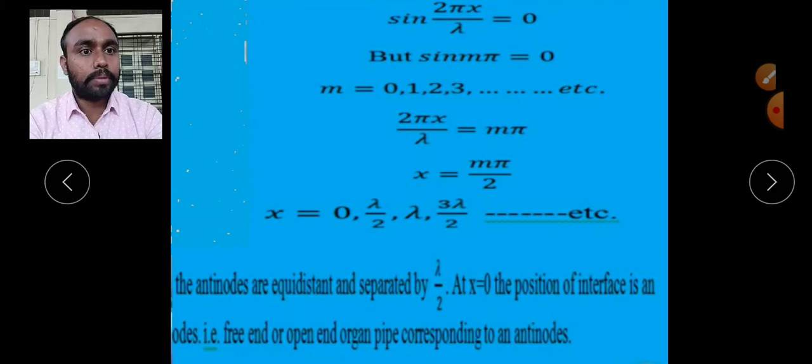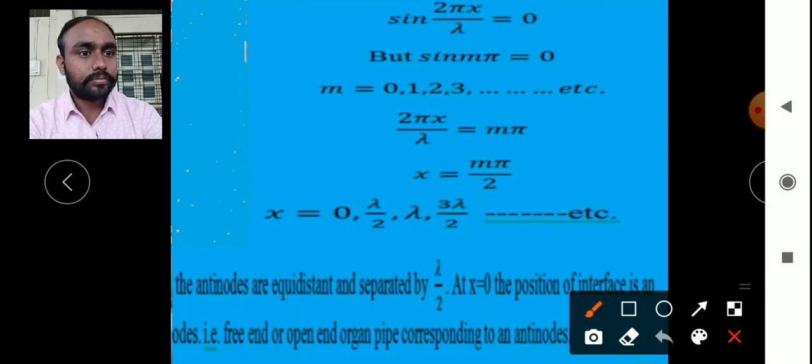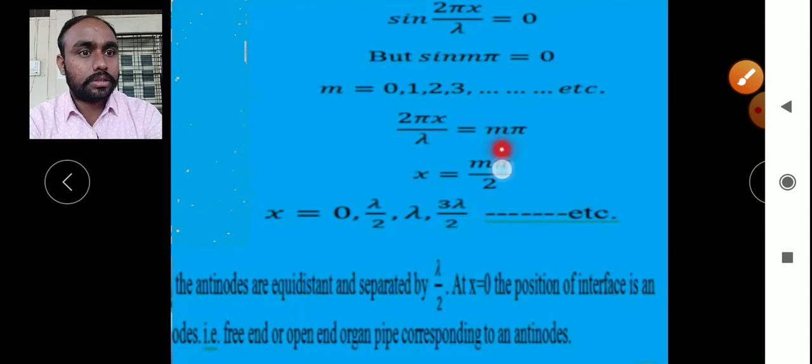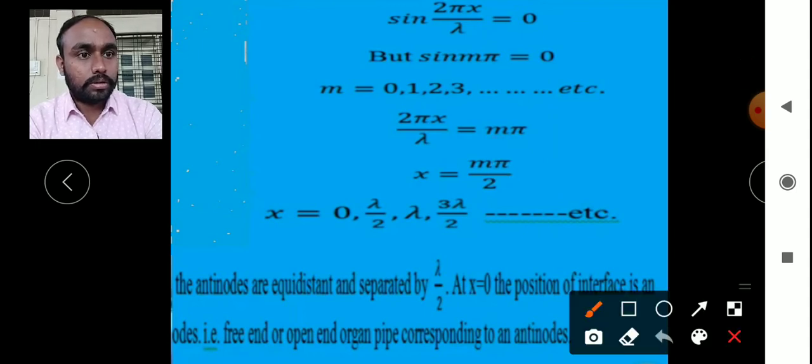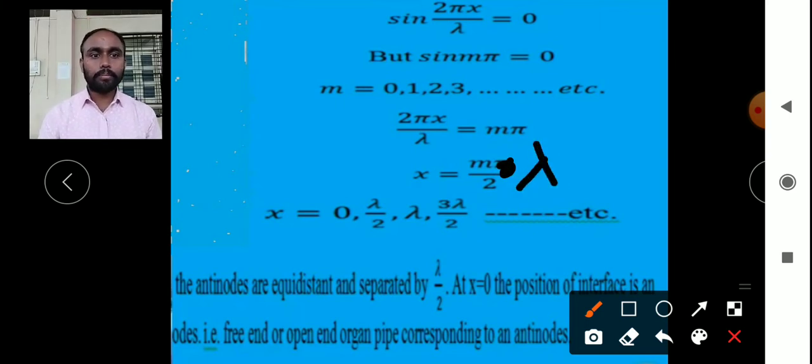Pi will get cancelled here, a little mistake here: this is not pi, this is lambda. So we get x equal to m lambda by 2, because the pi on both sides gets cancelled.